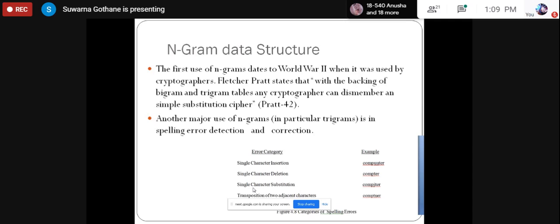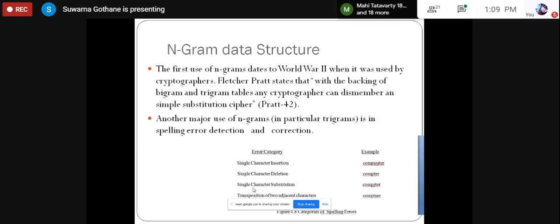Coding language was used to cipher and decipher the text. So the n-gram data structure concept was used whenever any information was transferred over a network, at the time of World War II.